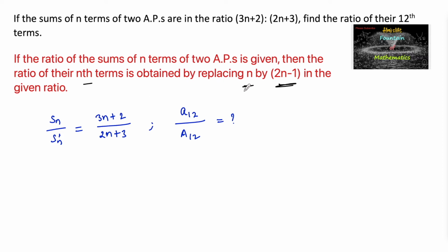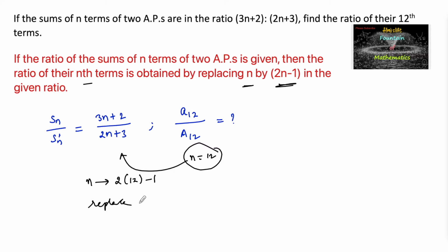Here n is equal to 12, so in place of n we write 2 times 12 minus 1, that is 24 minus 1, 23. So replace n by 23 in the sum ratio to get the ratio of the 12th terms.